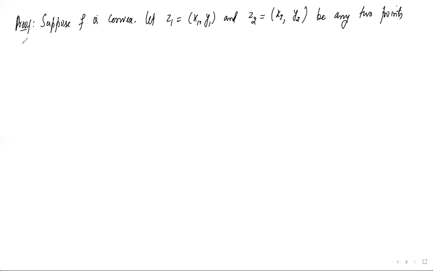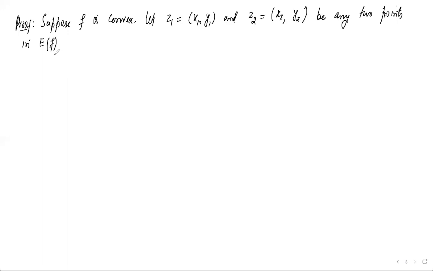So first let Z1 be a point (x1, y1) and Z2 be a point (x2, y2), any 2 points in E of f. Then we will show that the line segment joining these 2 points lies entirely inside E of f.